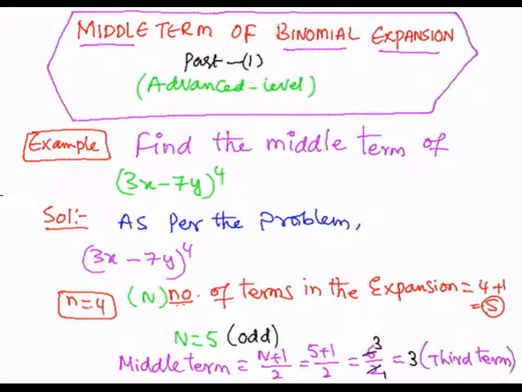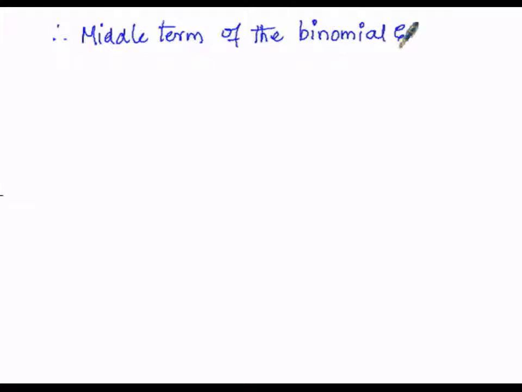So in this manner we got the middle term. Therefore, the middle term of the binomial expansion is equal to the third term.